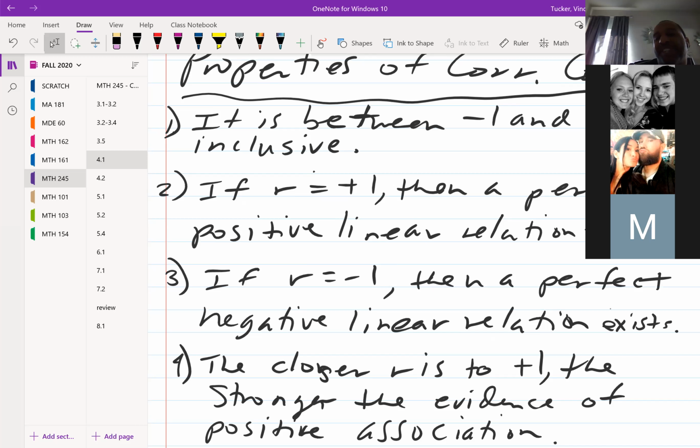So the correlation coefficient is going to be in between -1 and +1, inclusive. So it can be -1, it can be +1. If it is +1, then a perfect positive linear relation exists. If it is -1, then a perfect negative linear relation exists.